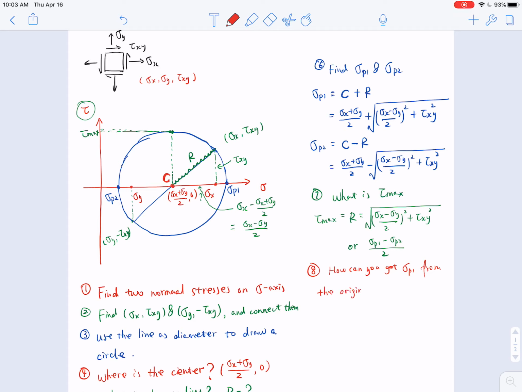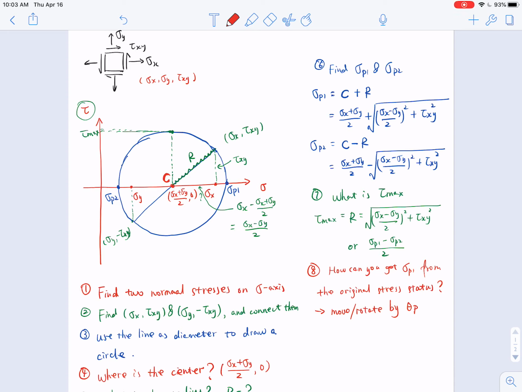We know, as defined last time, that to achieve the principal stress status from an original random stress status, you need to move or rotate it by theta p. So this is the answer.